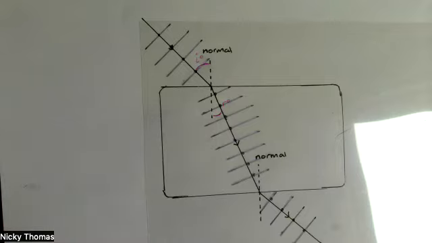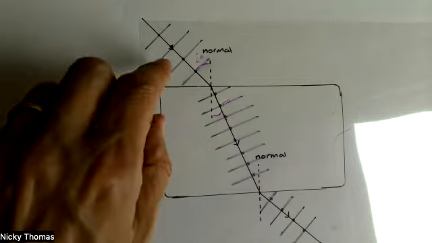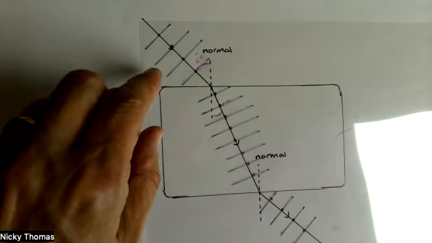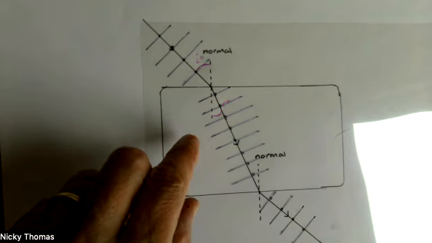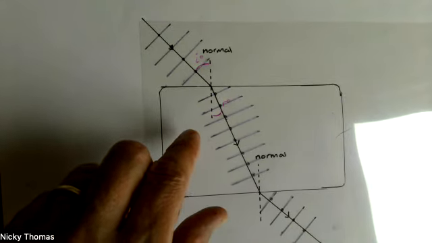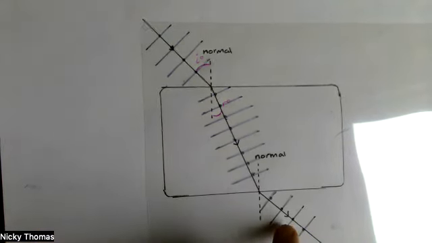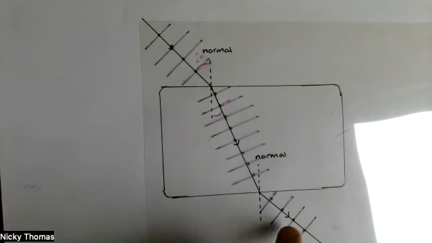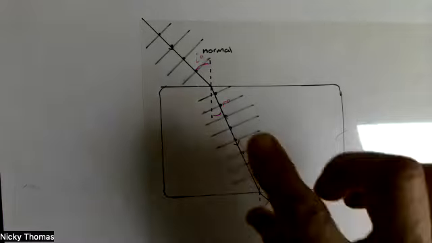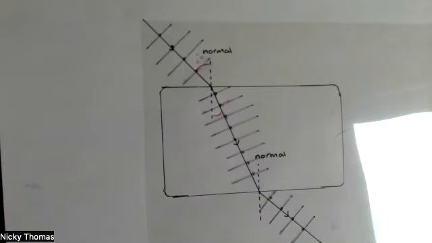In fact, it's about 2/3 of the speed in air. 3 times 10 to the 8 meters per second in air, 2 times 10 to the 8 meters per second in glass, and then back to 3 times 10 to the 8 meters per second in air again. That's used to calculate refractive index, and it's much easier to see the wavefronts if you are using a ripple tank, but the same phenomena is happening with our light waves as well.